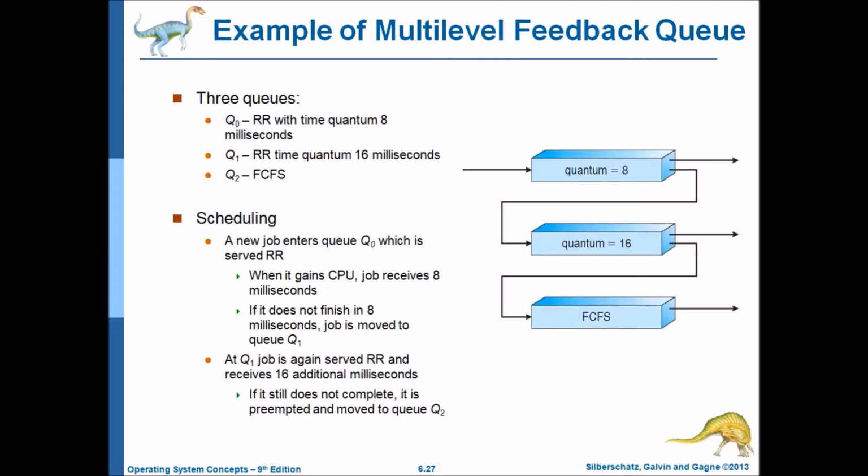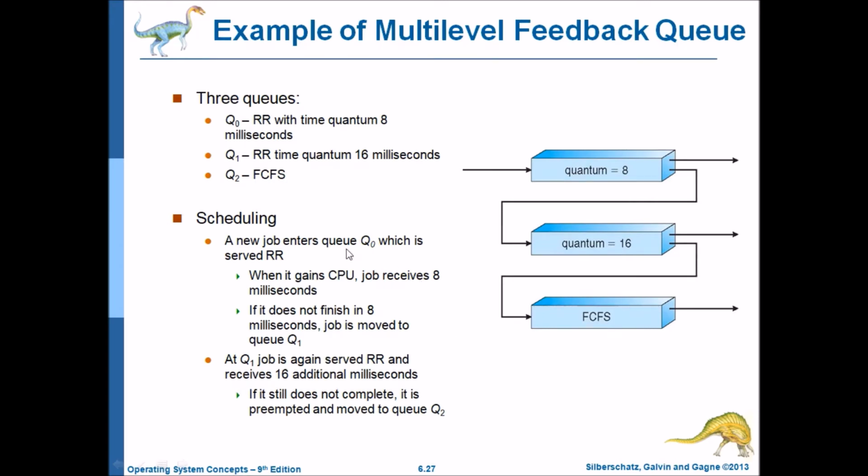Next we move to an example for multi-level feedback queues. Given this figure, we have three queues: Q0, which has round robin scheduling with a time quantum of 8 milliseconds, then Q1 with round robin time quantum 16 milliseconds, and then Q2 with the first come first serve scheduling algorithm.